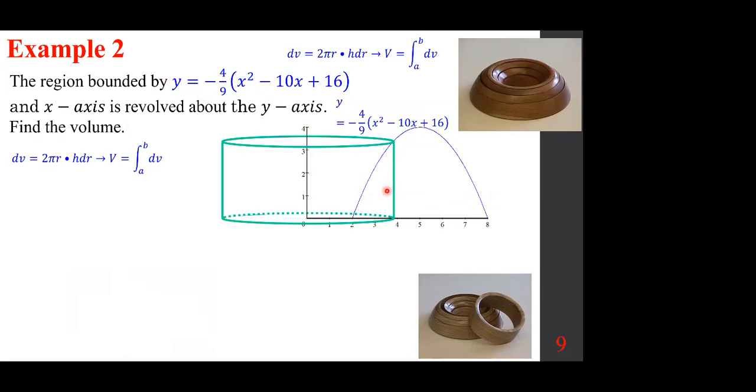If you pick a typical vertical strip and revolve it about the y-axis, it creates this hollow cylindrical shape. It looks like that if you expand it. That's the idea. We are going to use dv equals 2 pi r h dr, and the volume is the integral of a to b dv.